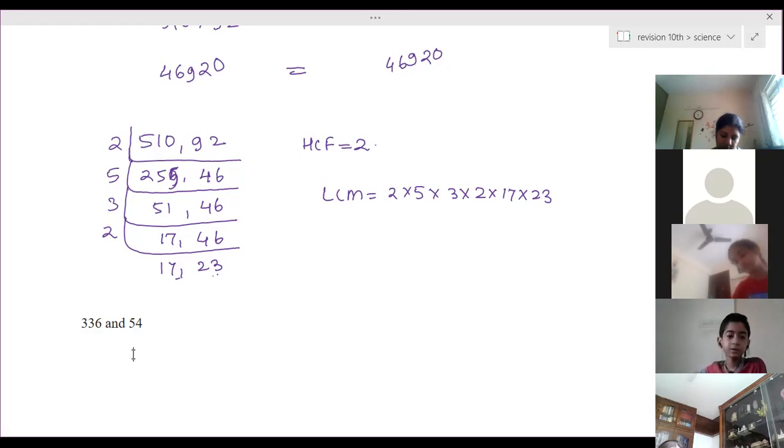Ma'am, HCF is 6. And the LCM is 2 into 2 into 2 into 2, 2 four times, and then into 21. LCM is 3024.